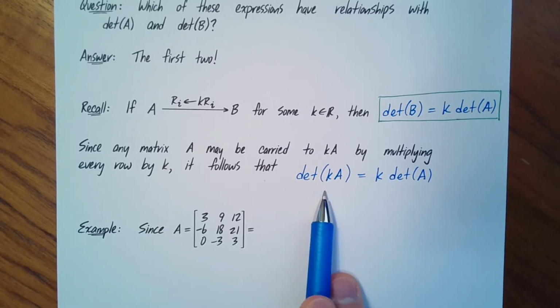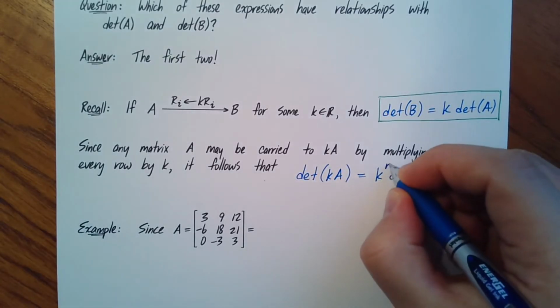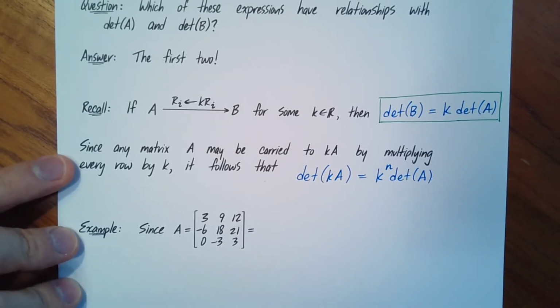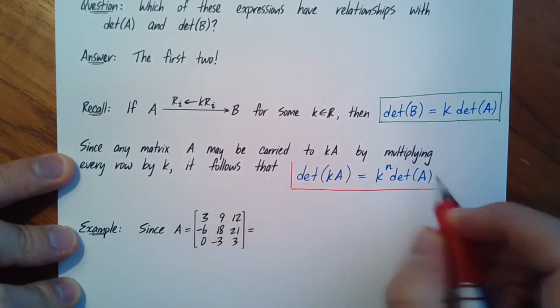So the fix is just to put an exponent of n here. You're no longer changing the determinant by a factor of k, you're changing it by a factor of k to the power of n. One factor of k for every single row of the matrix A. And this one is a new formula, so I'm going to circle that one in red.